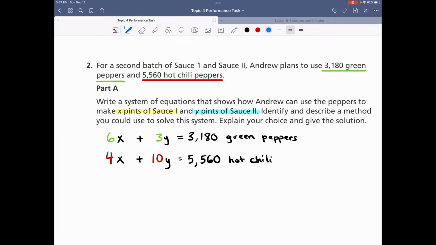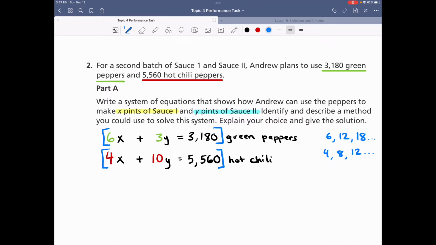Now, however you set yours up, it could be different. But I'm going to multiply each of these equations by a number that will give me the same number for the X coefficient. And if I list my 6's and my 4's, like I have 6, 12, 18, and then I have 4, 8, 12. Well, I can stop there because the 12 is in common.